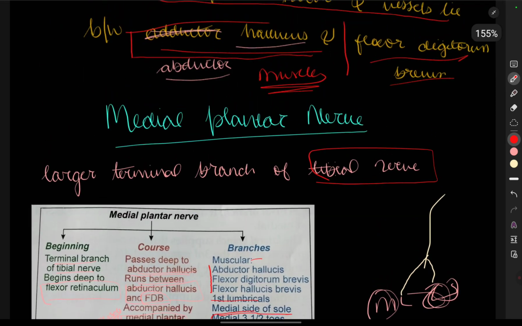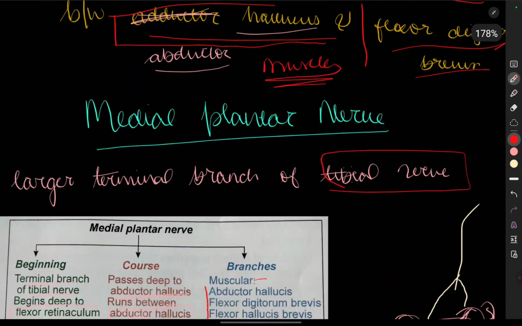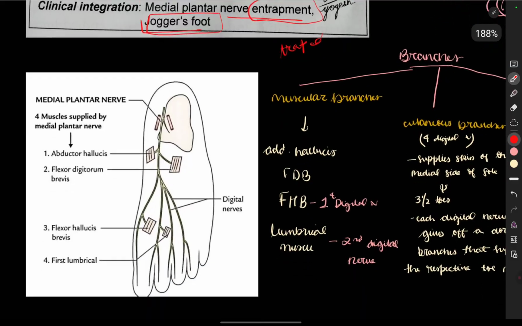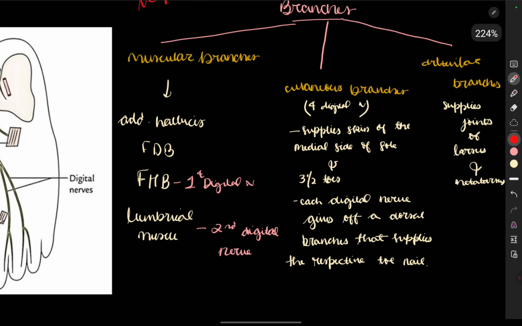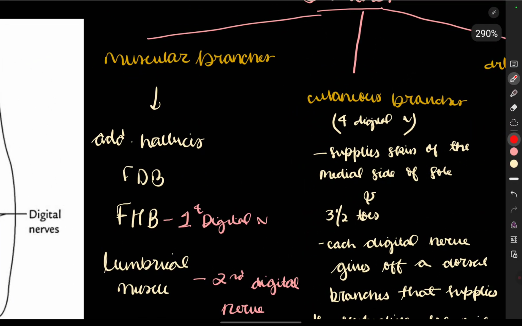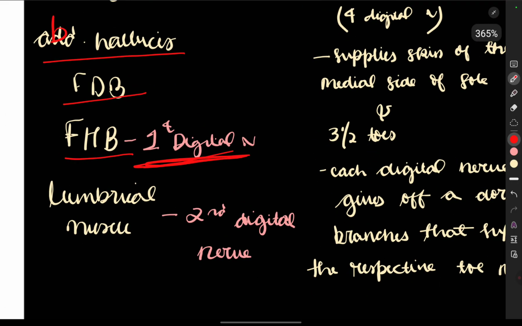So this is about the medial plantar nerve. Now let us see the branches. As I've already told, the muscular branches are the abductor hallucis, flexor digitorum brevis, and flexor hallucis brevis. The first is supplied by the first digital nerve, and the lumbrical muscle by the second digital nerve.